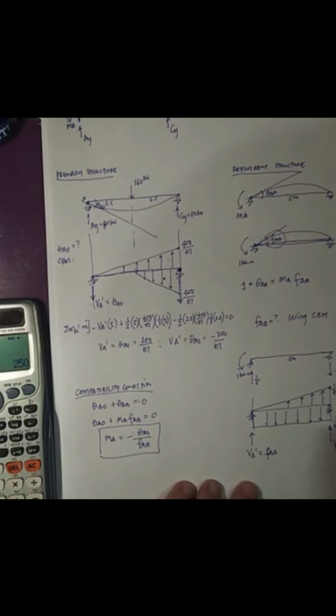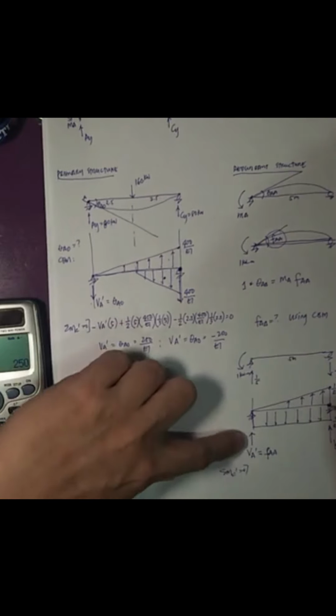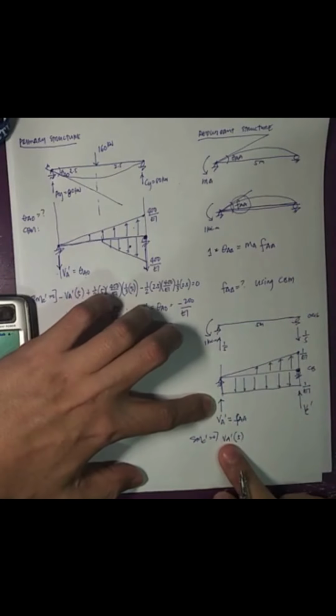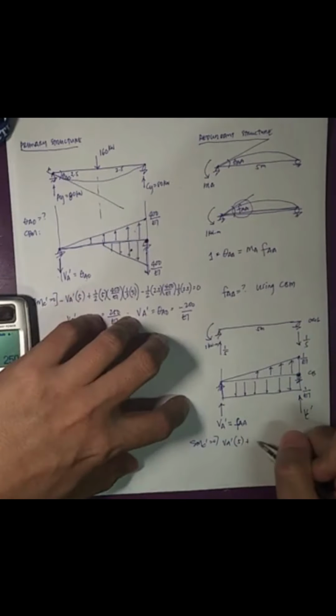If I take summation of moment at C prime equal to 0, what are my moments? I'll have my VA prime times 5, the moment arm, that is clockwise, so positive. Then the triangular load, about this point, is clockwise also, plus 1/2, the base is 5, and the height is 1 over EI.